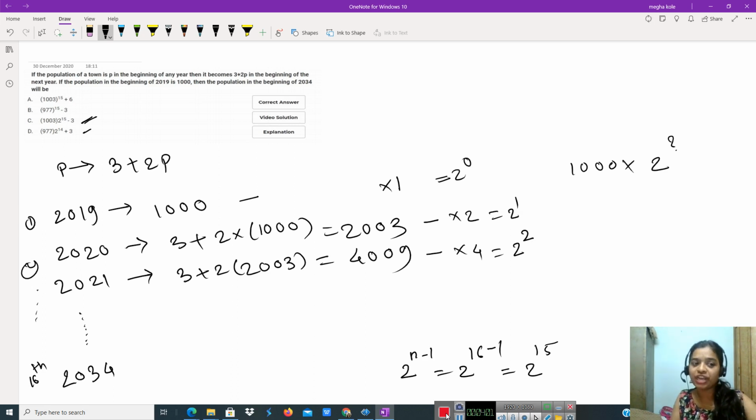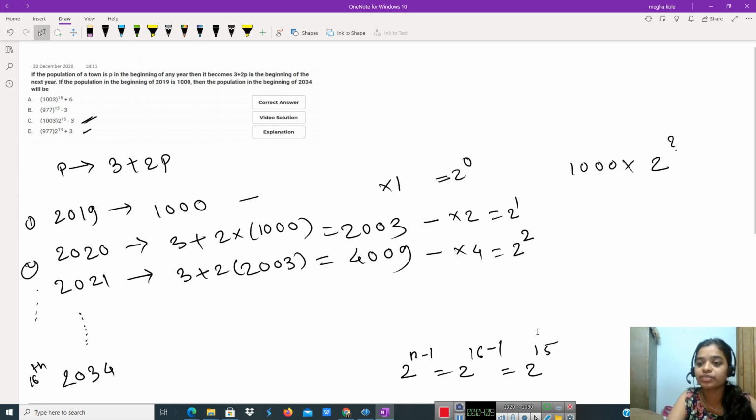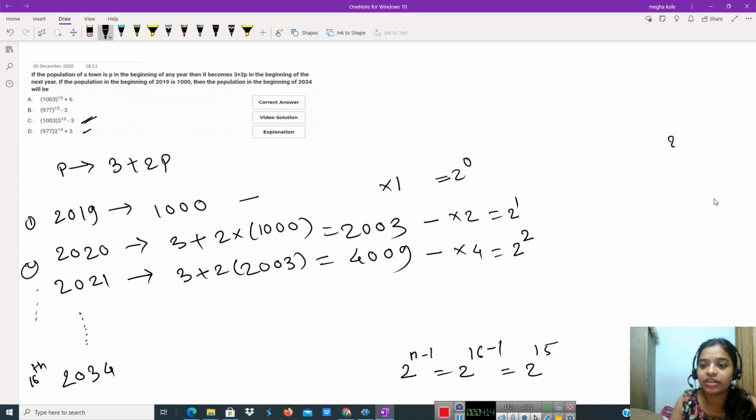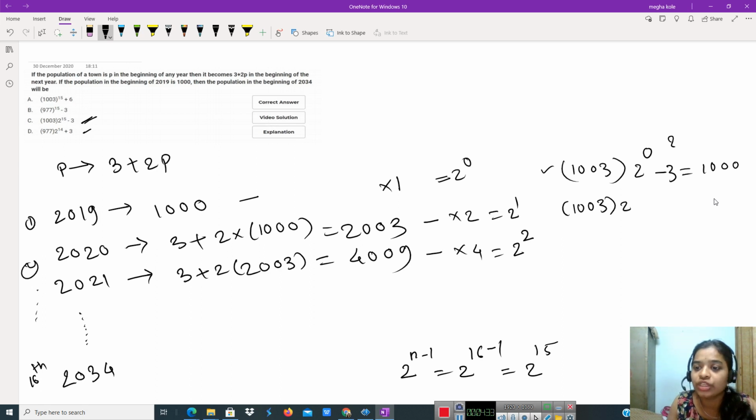We are going to cross check now with option C. For the first year, let us check 1003 into 2 raised to the power 0 minus 3. So this will be 1000, and this condition is satisfied for the first year. The second one is 1003 into 2 raised to the power 1 minus 3, so this is equal to 2003.